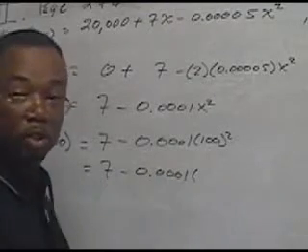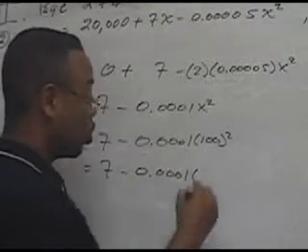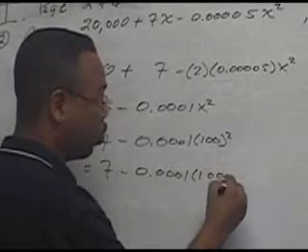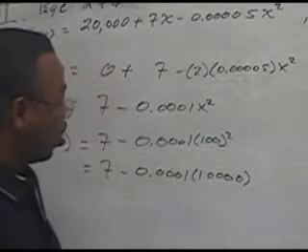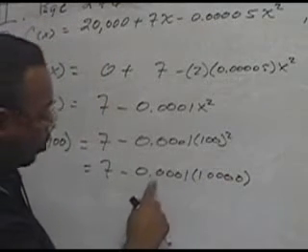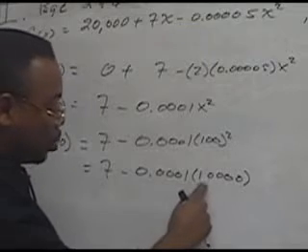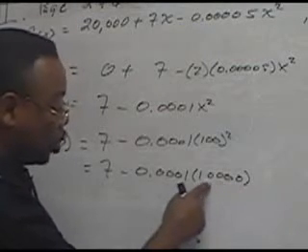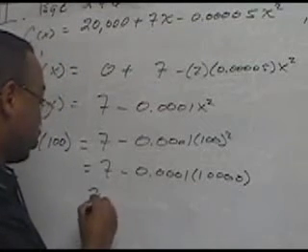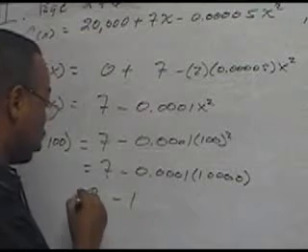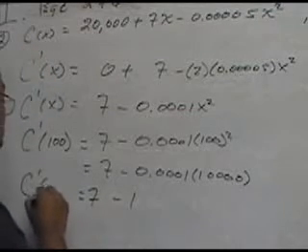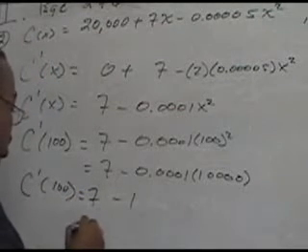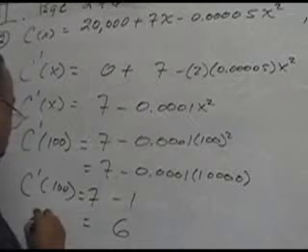If 100 has 2 zeros, and we're 4 decimals back here times a total of 4 zeros here, this will give us 1. So 7 minus 1, and we end up with 6.